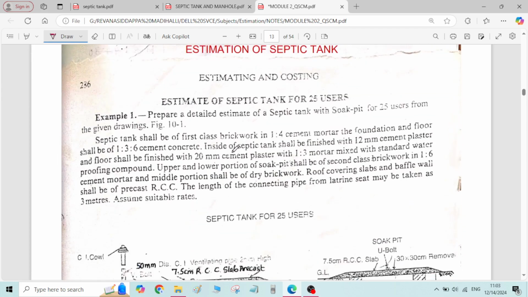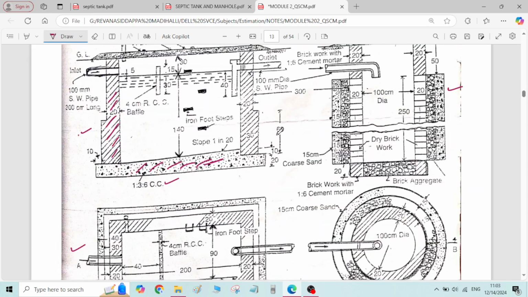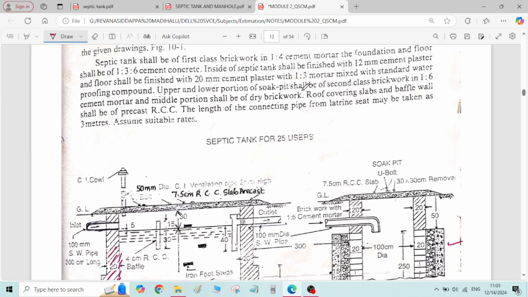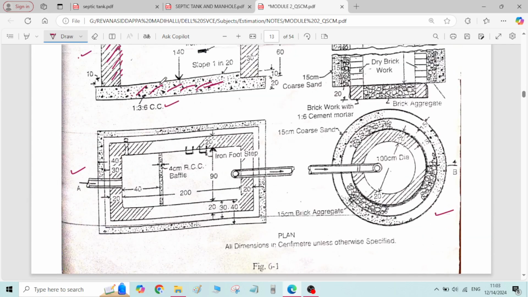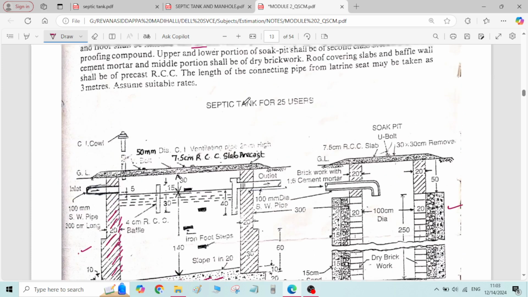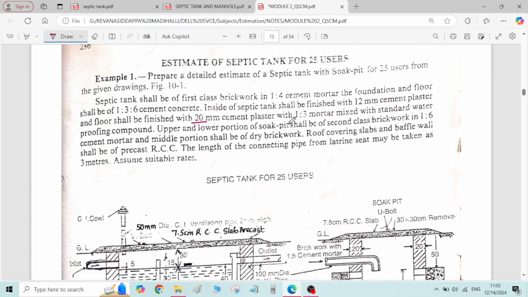Then the inside of the septic tank shall be finished with 12 mm cement plaster. Here the inside surface of the septic tank is finished with 12 mm cement plaster, and the floor is finished with 20 mm cement plaster. The floor of the septic tank is finished with 20 mm cement plaster, and the ratio of the cement mortar is the same, that is 1:3. 1:3 mortar mixed with standard waterproofing compound.